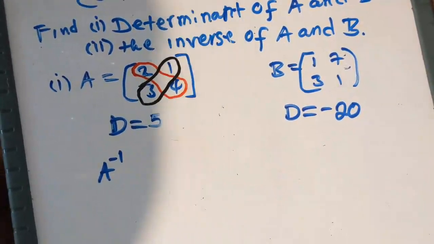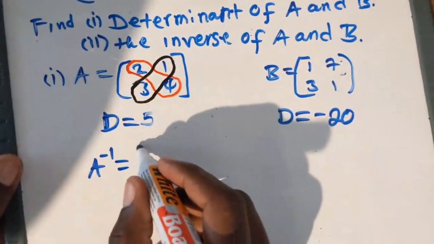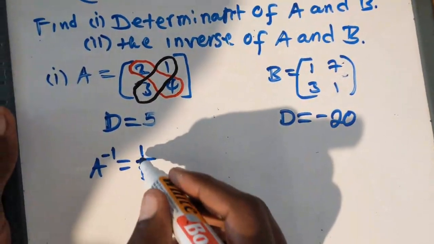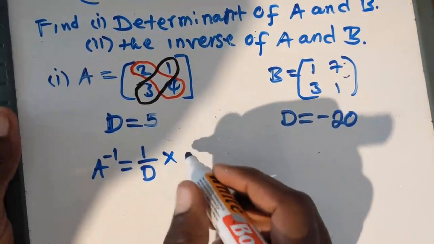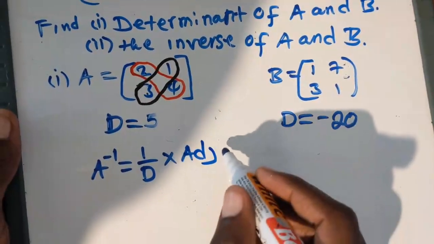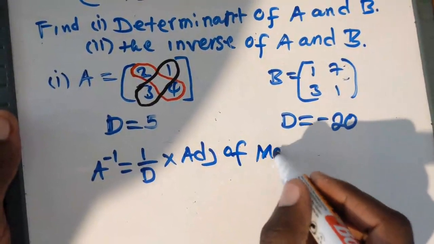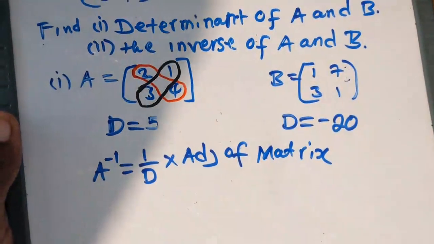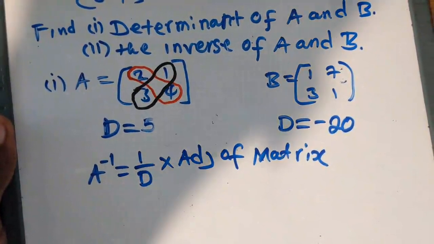Just know that that is the inverse they're asking about. It is equal to 1 over the determinant, multiplied by the adjoint of the matrix.